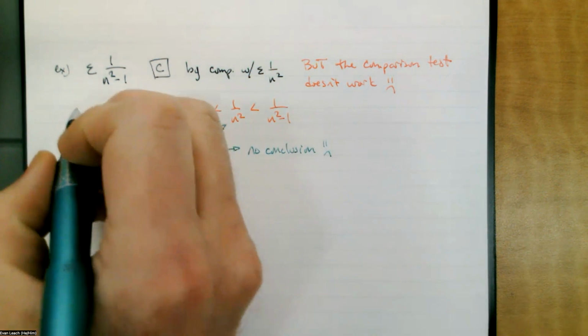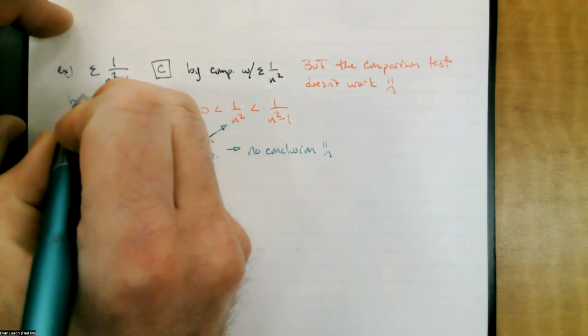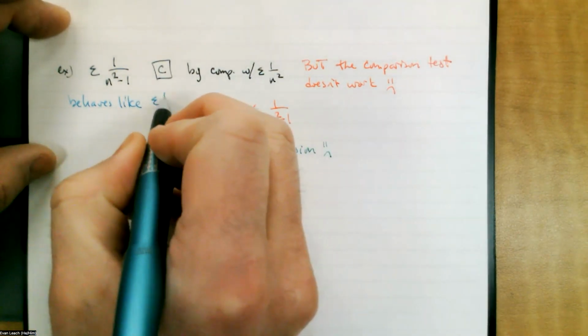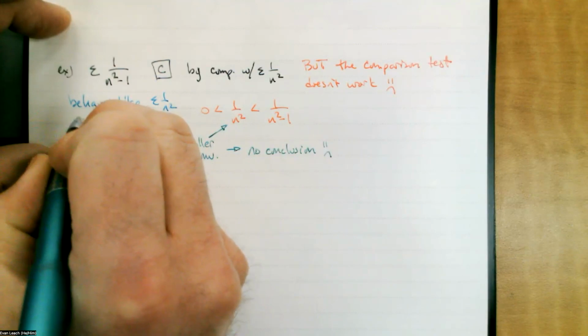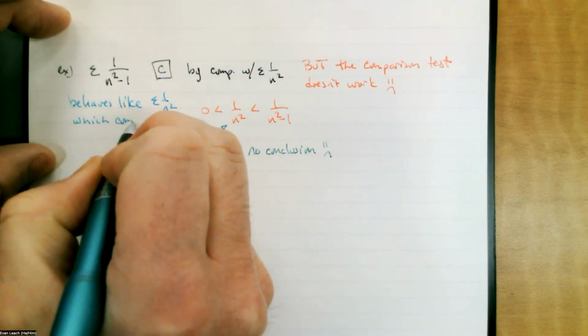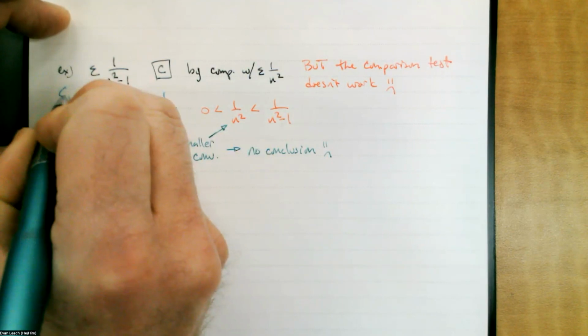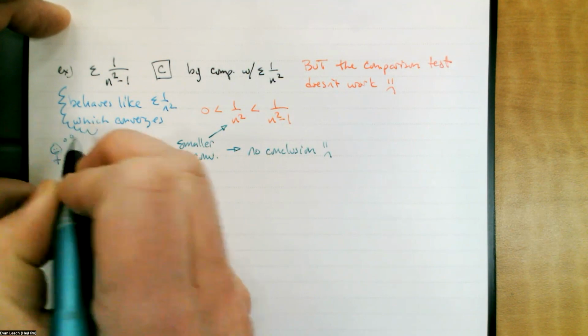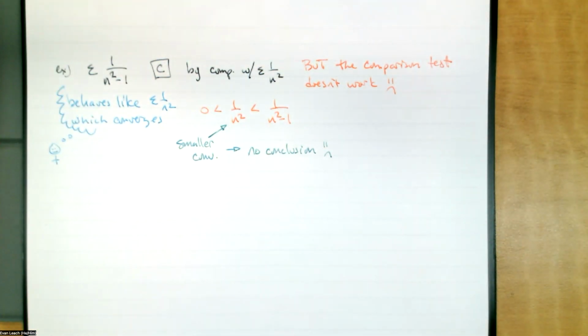We are still thinking it behaves like the series 1 over n squared, which converges, for the same reason: for large values of n, n squared matters, and plus or minus 1 doesn't matter.